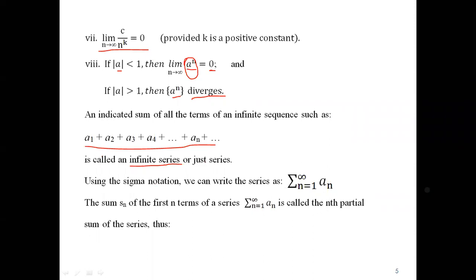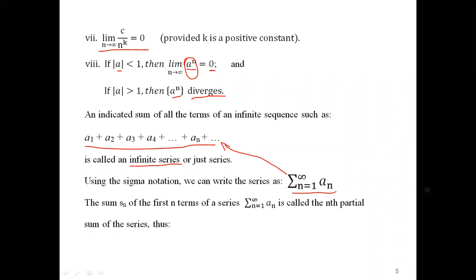So using the sigma notation, this is how we write the series: sigma an, where n ranges from 1 to infinity. You see, this is how this expression is simplified when you use the sigma notation.